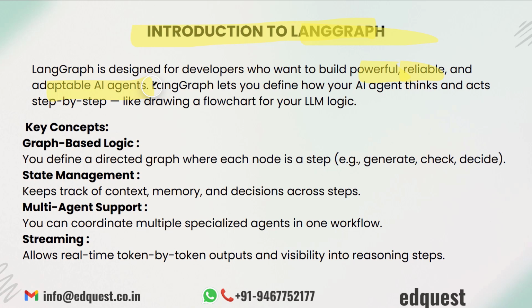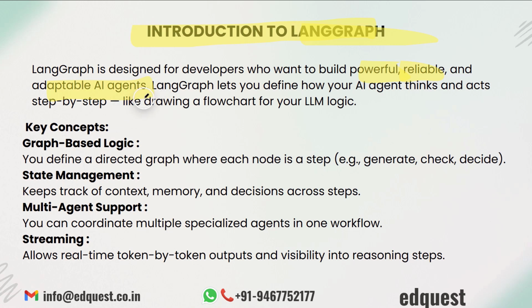If you have ever tried building multi-step agent workflows, say a researcher agent that retrieves, verifies, and summarizes information, you know it can get messy fast. LangGraph makes this process structured and scalable. The easiest way to understand LangGraph is this.